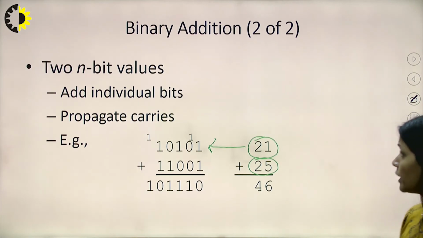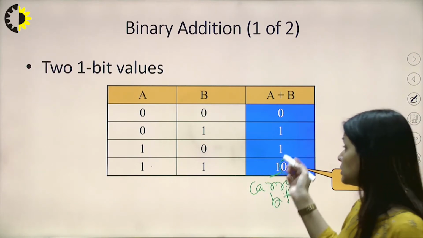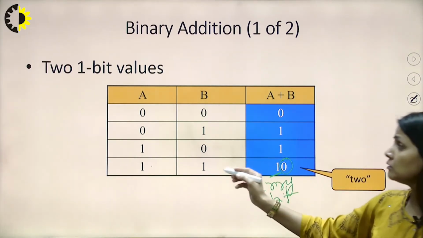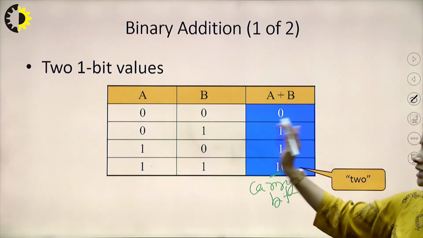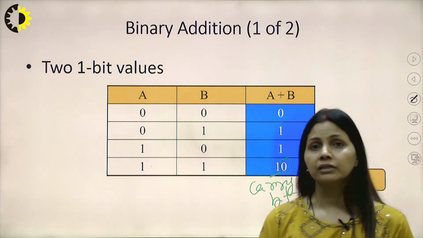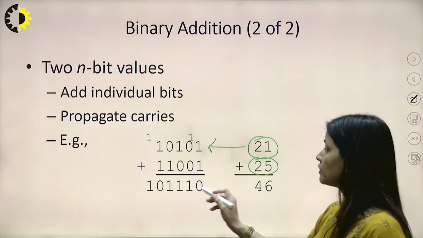So how to add? In the previous slide we saw whenever we are adding 1 and 1, carry is 1, otherwise carry is generally not generated. So here the result is 1 0 1 1 1 0.